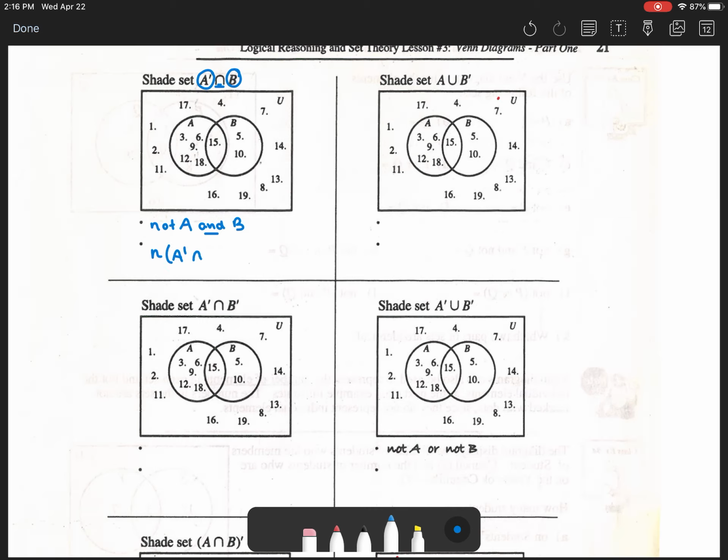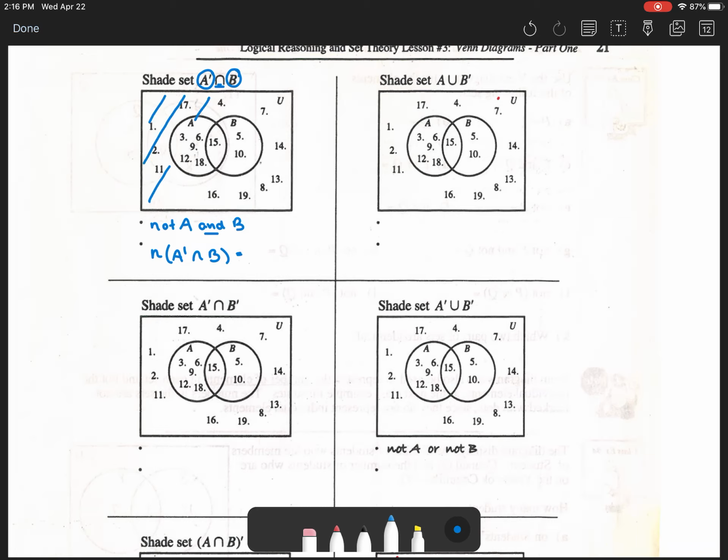You want to envision in your head what not A looks like, and what B looks like, and then shade that common area. This is the number of elements in not A and B, like so.